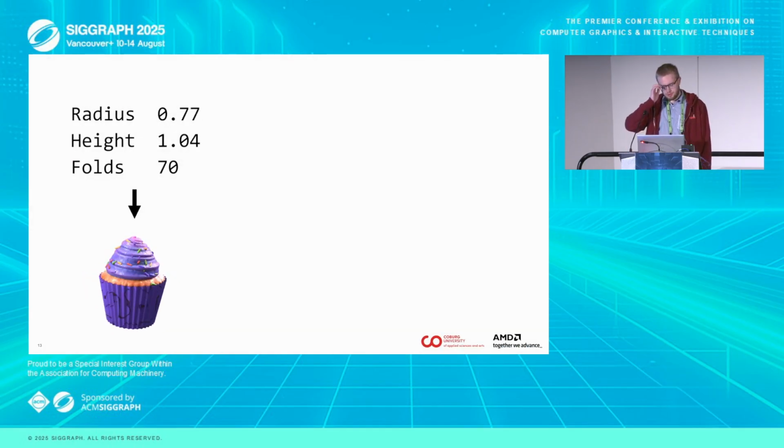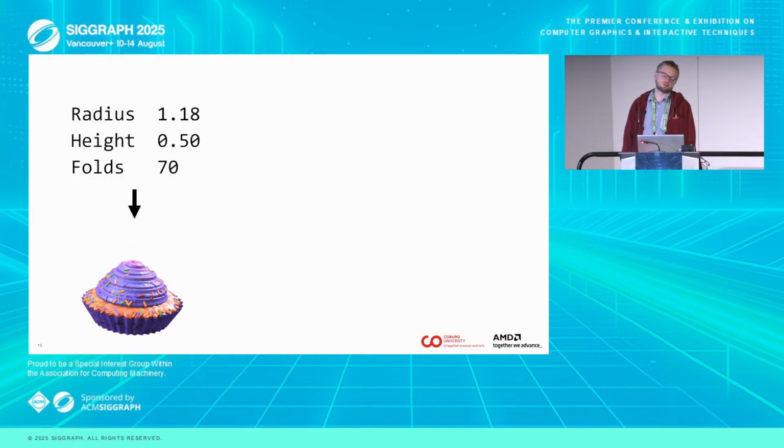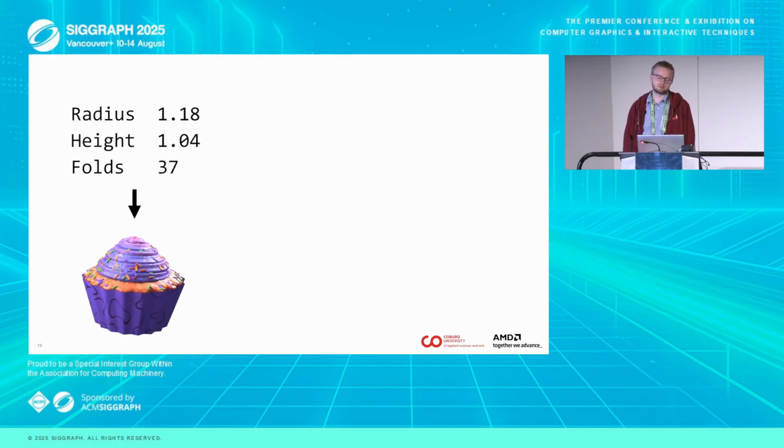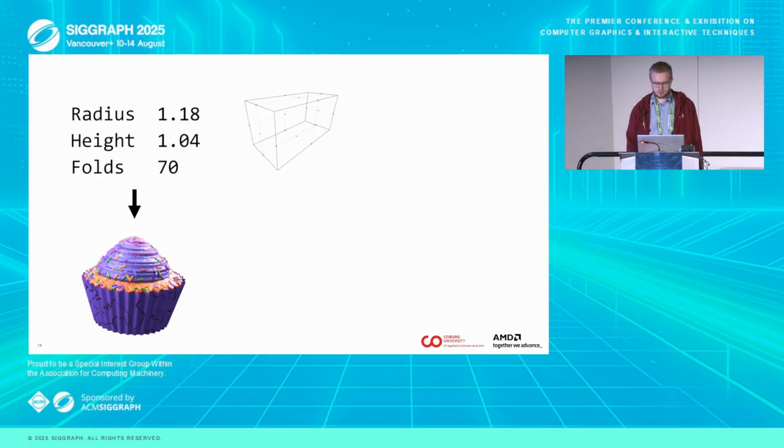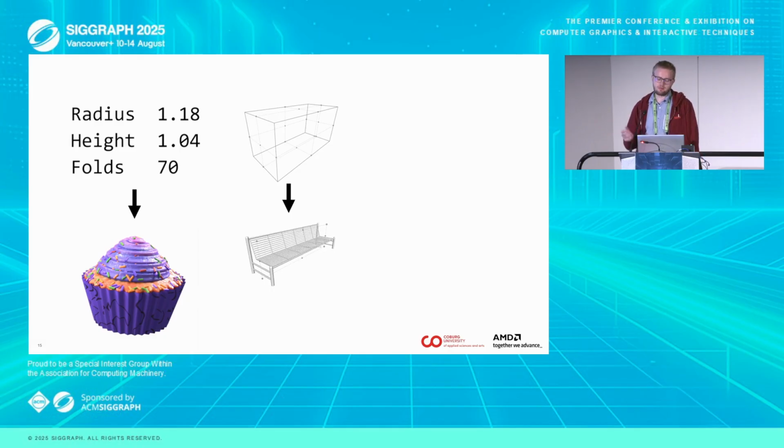Right, another thing I want to talk about is how procedure geometry usually is controlled, and this is something we call control parameters. So you can see this muffin, the shape of it is described by 3 values. You could go more complex than that. So here we have a bounding box, and you could say, okay, this bounding box defines the shape of this bench. And if an artist drags around this bench, when he's, for example, modeling a scene, you could adjust the shape of this bench based on this bounding box.